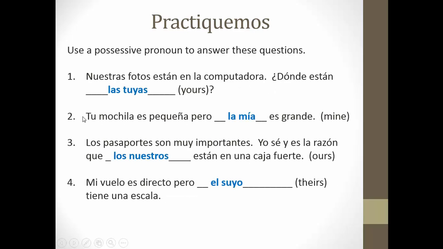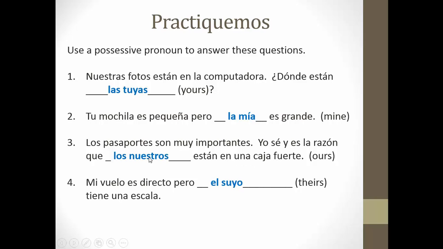Okay, let's review. Your backpack is small, but mine is big. La mía. Feminine singular because backpack is feminine singular. 3, the passports are very important. I know, and that's the reason that ours are in a safety box, a security box.